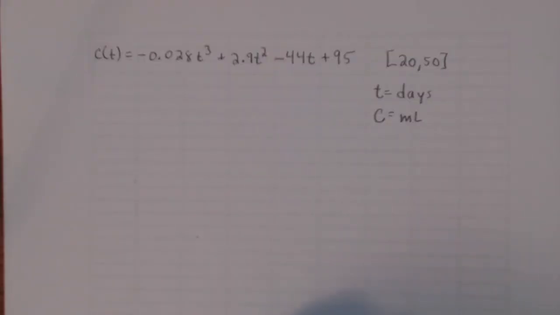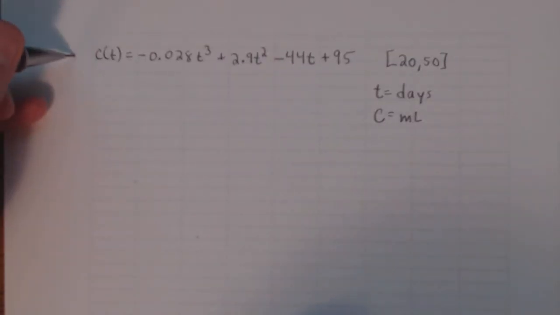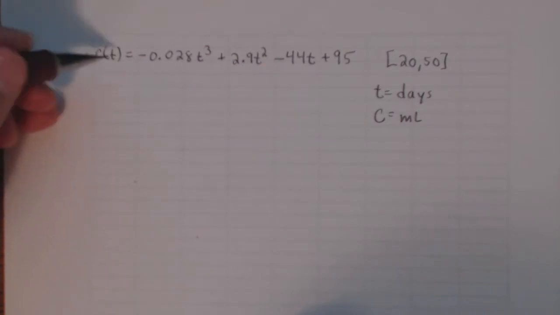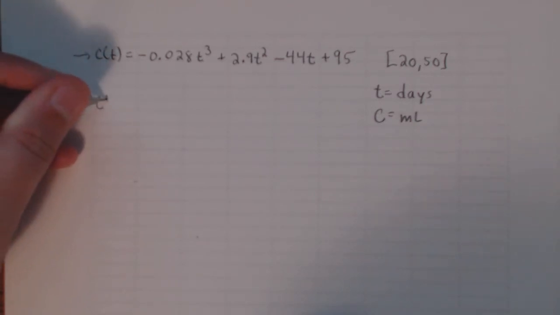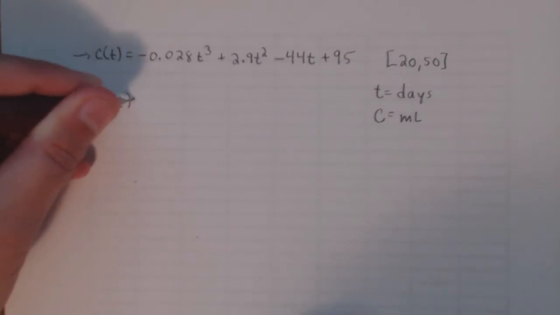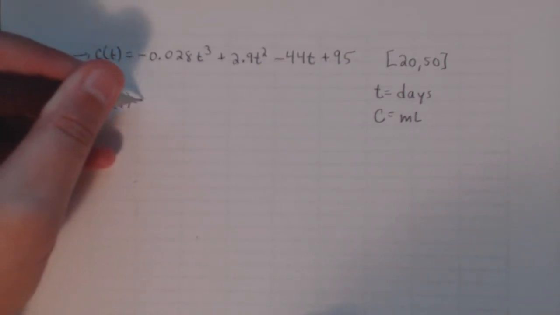Okay, so when we read through the problem, we know we need the original function that relates number of days to milliliters of oxygen consumption, and then we need the first derivative. So we'll take the first derivative, and I'm not going to do any simplifying.